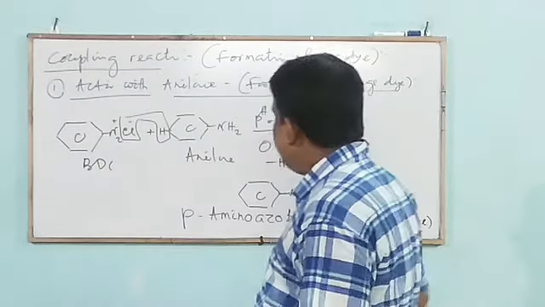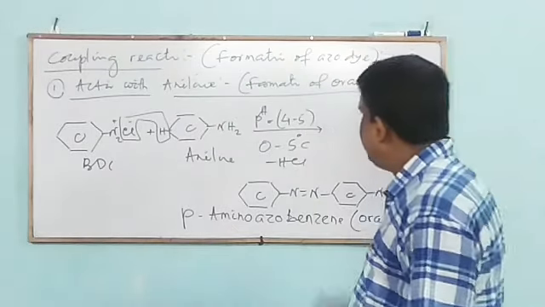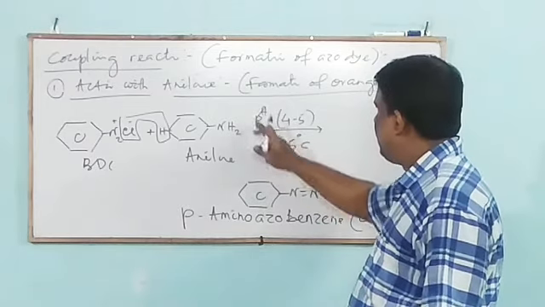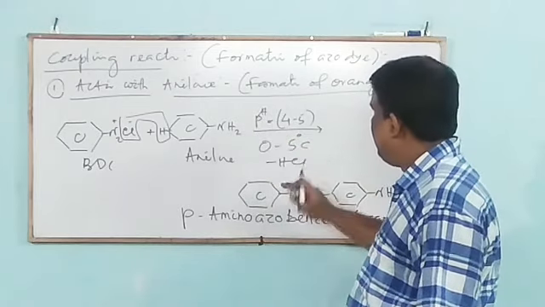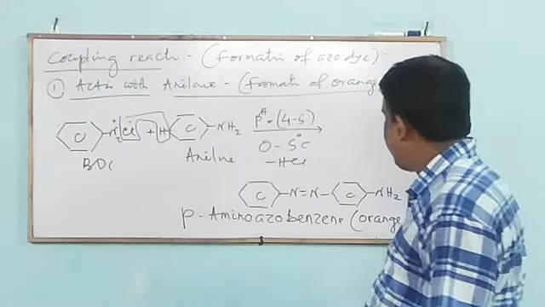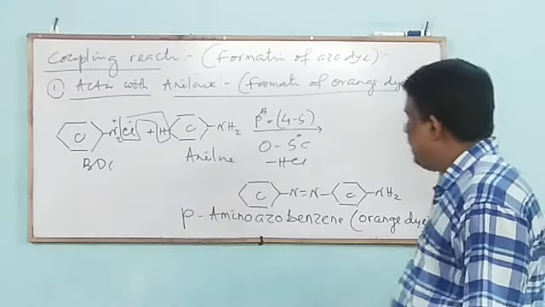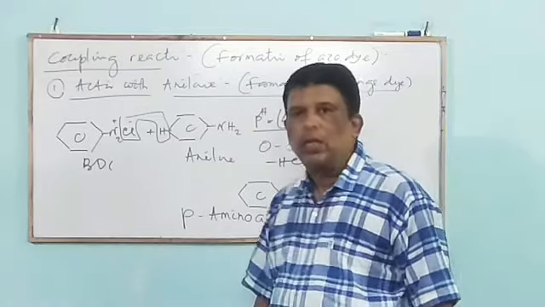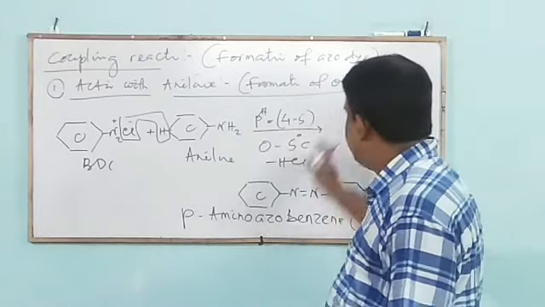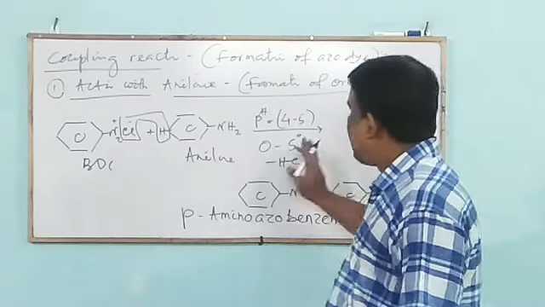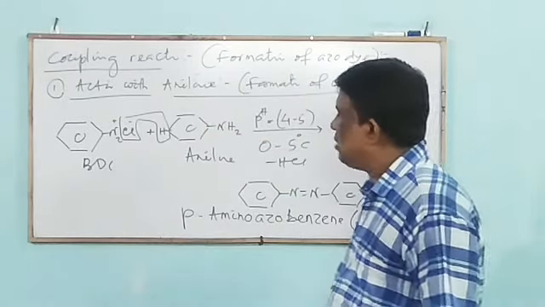When benzene diazonium chloride reacts with aniline at ice cold temperature, that is 0 to 5 degrees centigrade, in slightly acidic medium, that is pH equal to 4 to 5, what happens? P-amino azobenzene, that is orange dye, is formed. The process of formation of this azo dye from benzene diazonium chloride at ice cold temperature is known as coupling reaction.